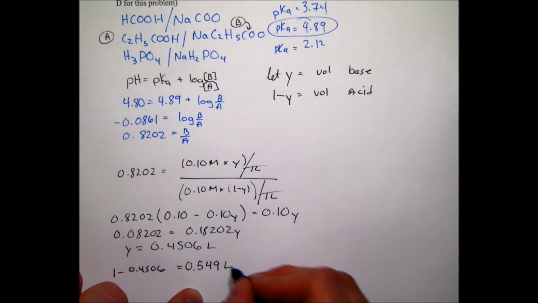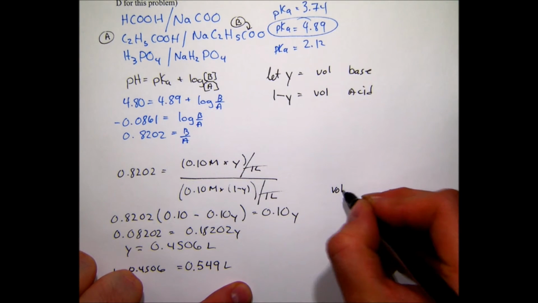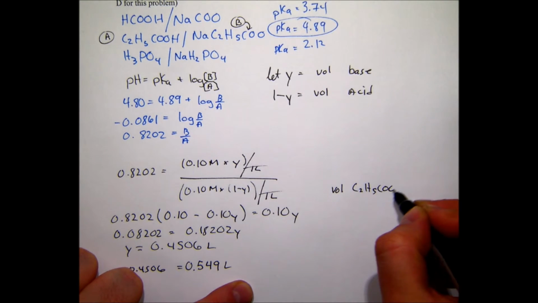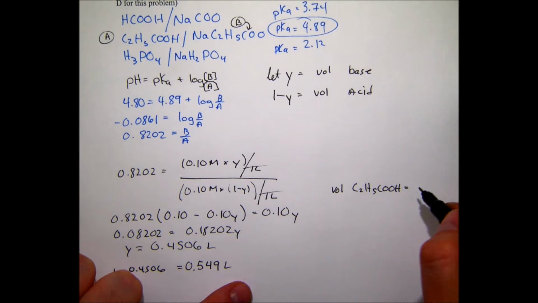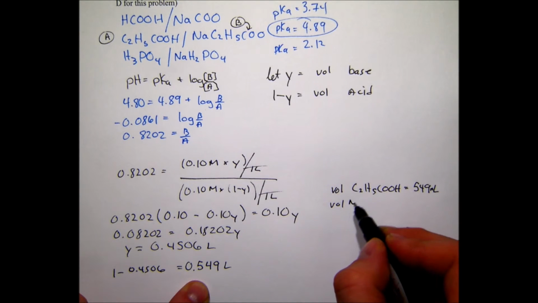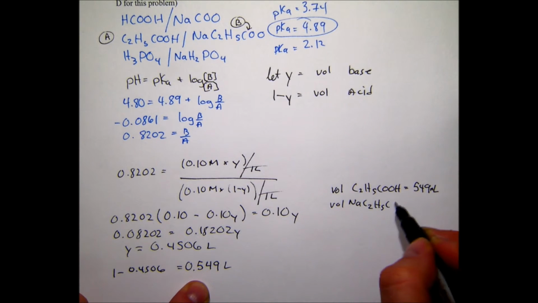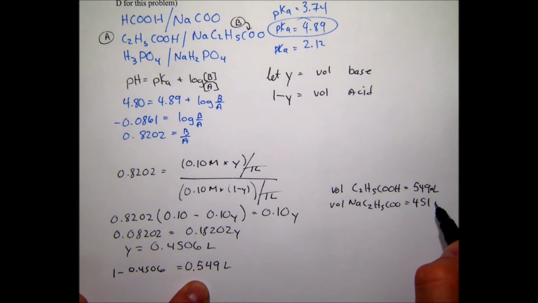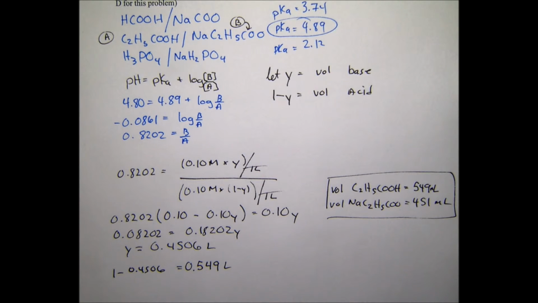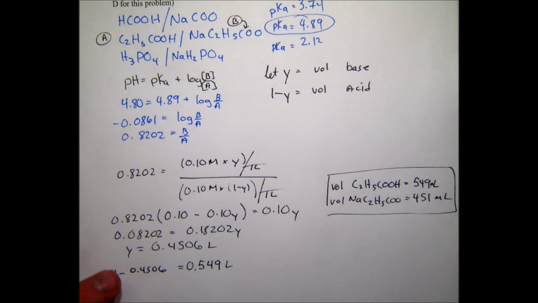So the volume of the propanoic acid, C2H5COOH, is equal to 549 milliliters. The volume of the sodium propanoate is equal to 451 milliliters. And we make sure that when we add those up, we get 1 liter, which, based on how we solved it, would be impossible if we didn't.